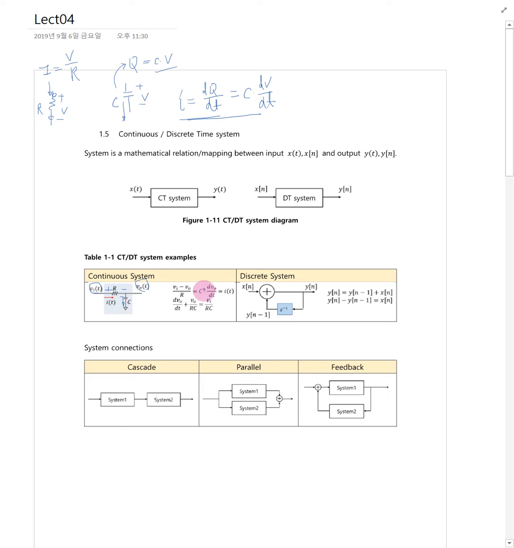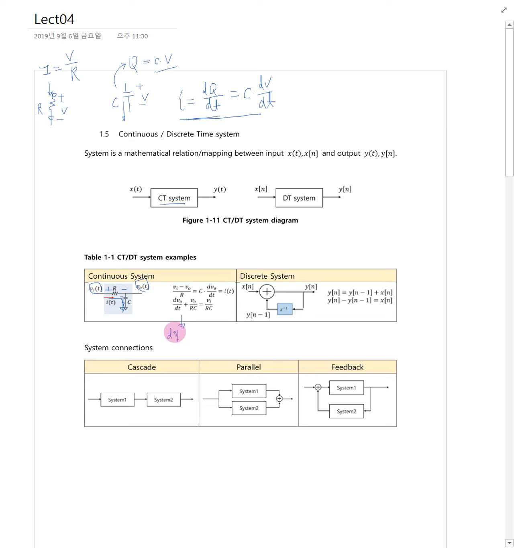That gives C times dV/dt, the amount of current flowing through the capacitor C. The resistor and capacitor are connected in series, so the currents should be equal. So the resistor current equals the capacitor current, and this equation should hold. By dividing by the capacitor value on both sides, dVo/dt plus Vo over RC equals Vi over RC. So the continuous time system can be described this way.